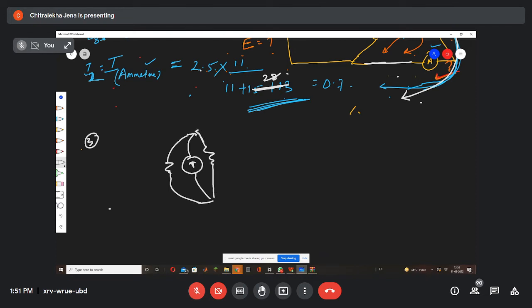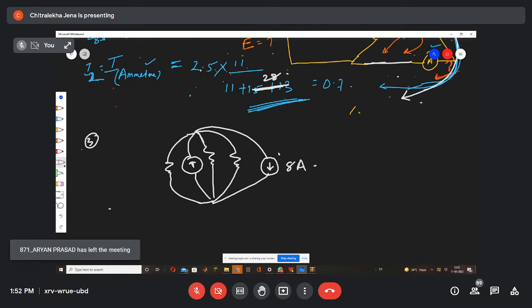This is another resistance. This is another current source. This is an 8 ampere current source flowing downward. Take this as a 30 ampere current going upward.